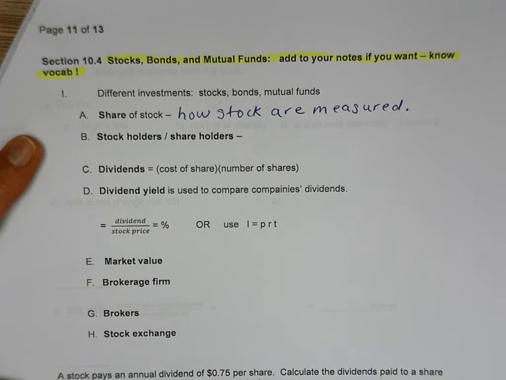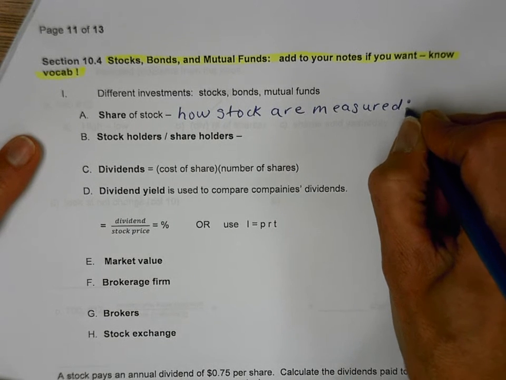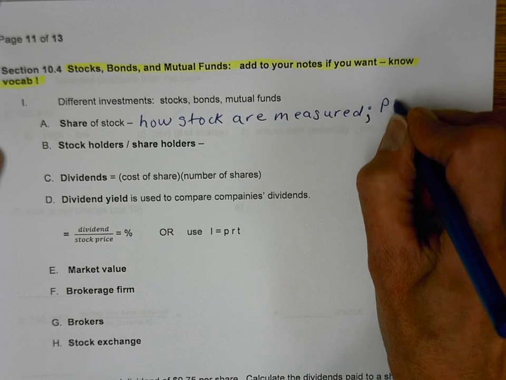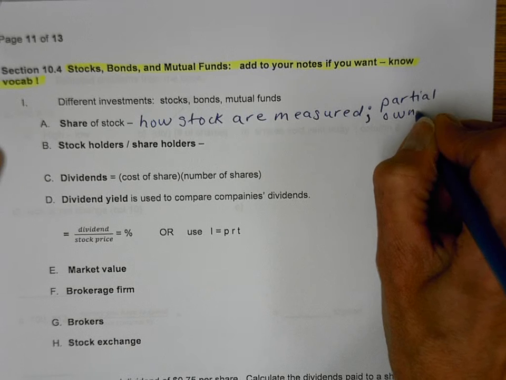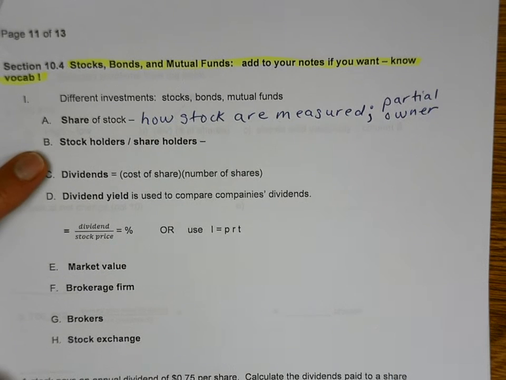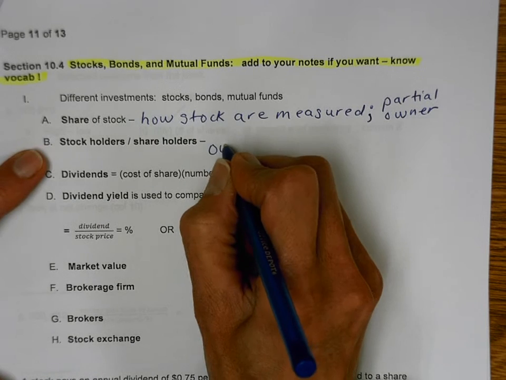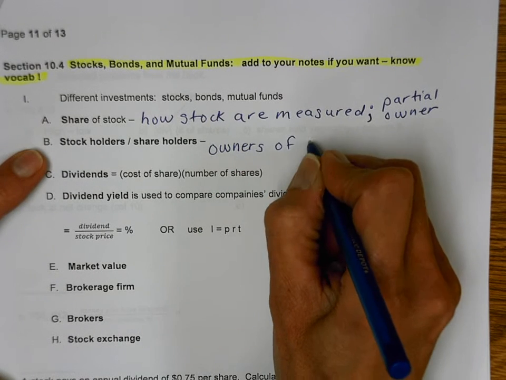If you own a share of something, you're a partial owner, by the way, of that company. Okay, the next word that you're going to need to know is stockholders or shareholders. They are the owners of a company.